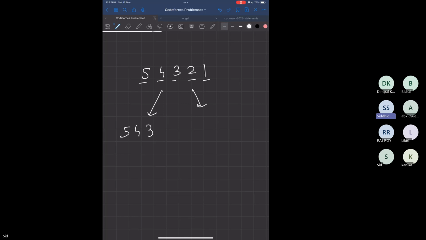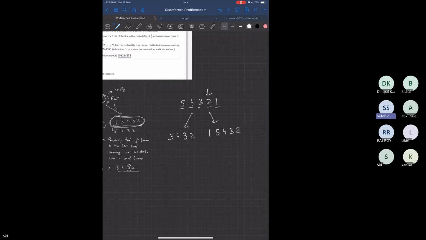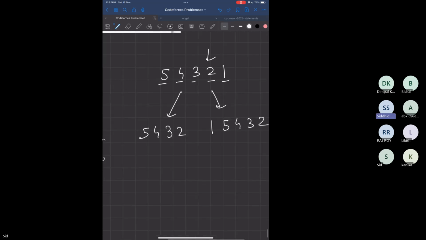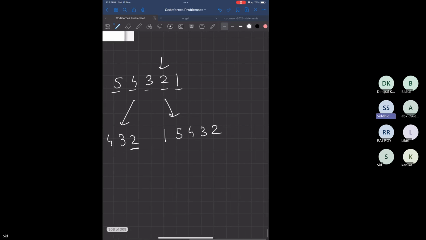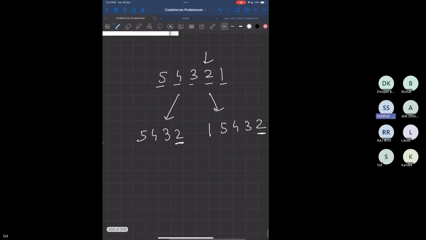Let's say we are removing 1: 5, 4, 3, 2. And let's say we are moving 1 to the back: 5, 4, 3, 2, 1. For 2 there are again two configurations arising. In one configuration 2 comes to the front, and in another configuration 2 also comes to the front, but there are a total of 5. Suppose we know the probabilities of everything.